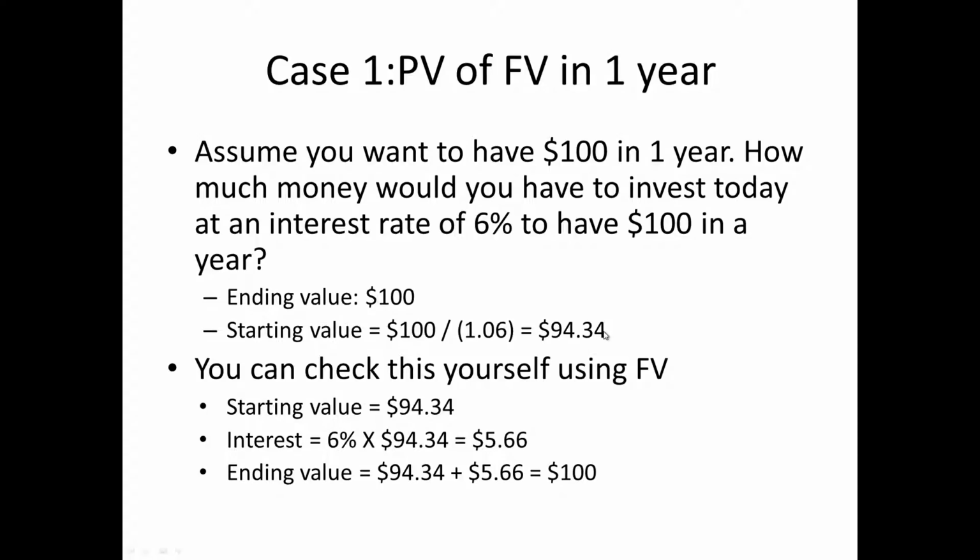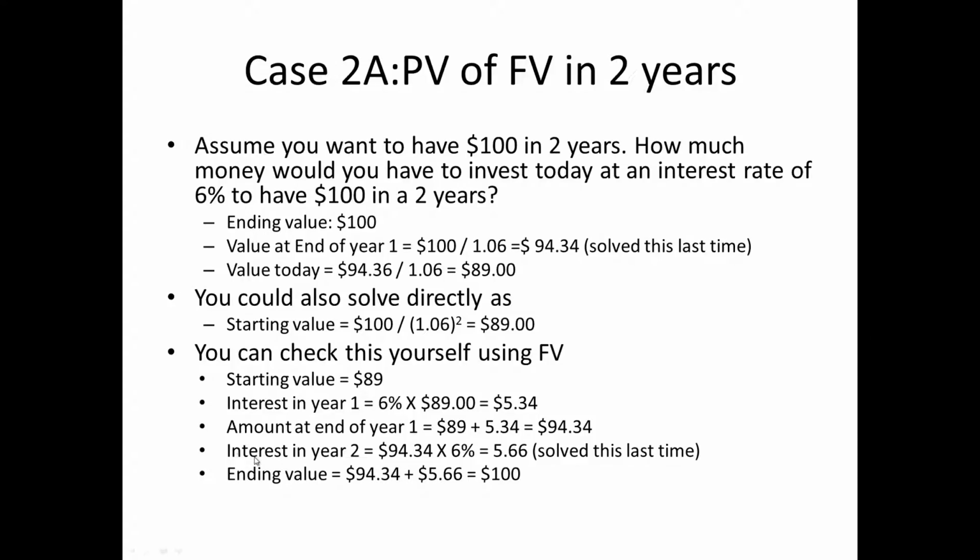I need to have $94.34 today. If I invested $94.34 today and earned interest on that, the interest I would earn at 6% in a year would be $5.66. Add those two together, that's the $100 that I need. So you can check this present value calculation just the same way you do with the future value.